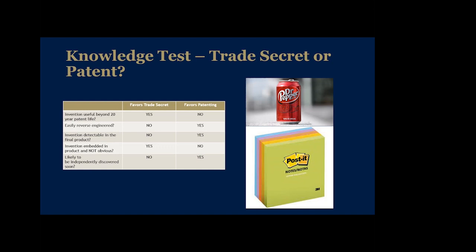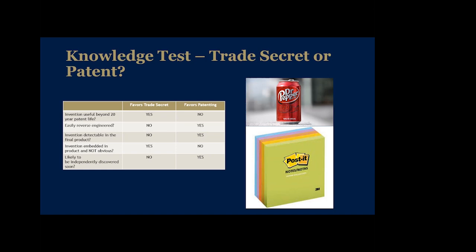And then next we'll look at something as simple as a Post-it note. You might have thought, hey, maybe that's a trade secret. Maybe this could last forever. But going down that same line, what you can see is it is obvious. It's just a glue that can be ripped off and stuck back on. Someone who is specialized in that field is easily going to be able to reproduce this.